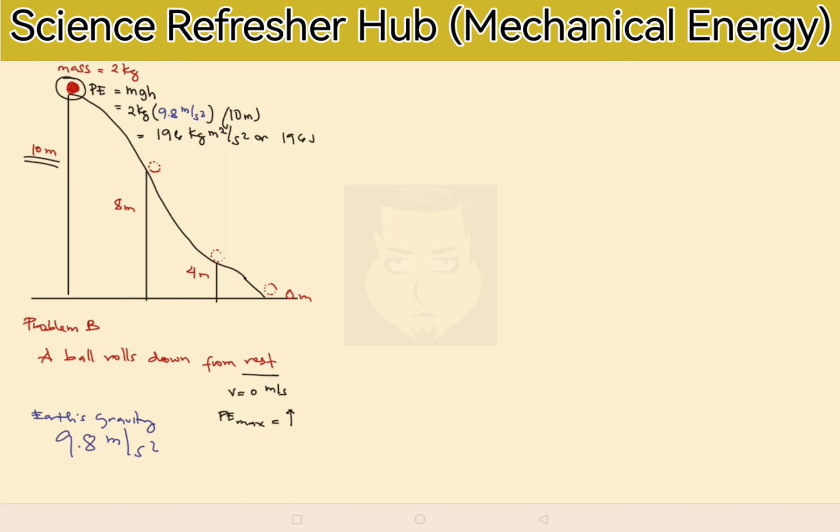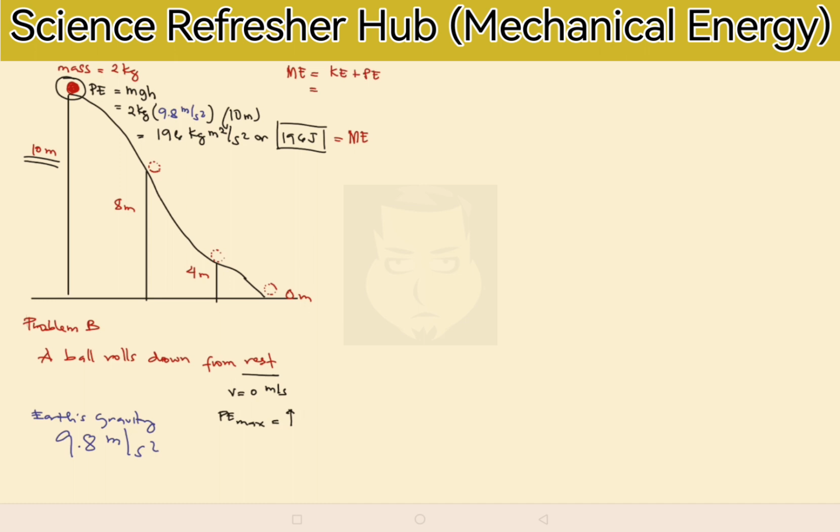as 196 joules. This is the maximum potential energy, and this is gonna be also our ME, right? Because ME is just the sum of KE plus PE.